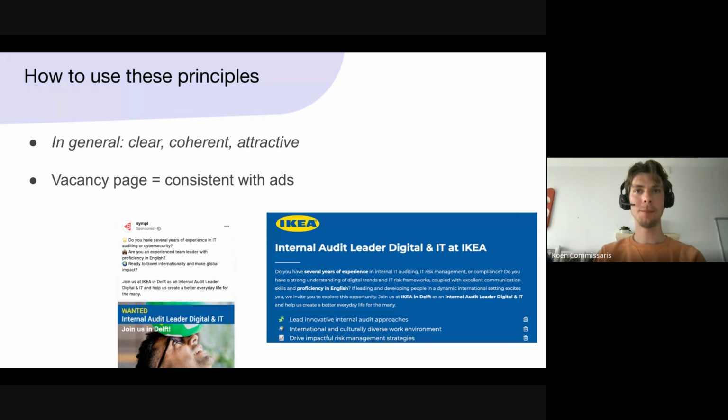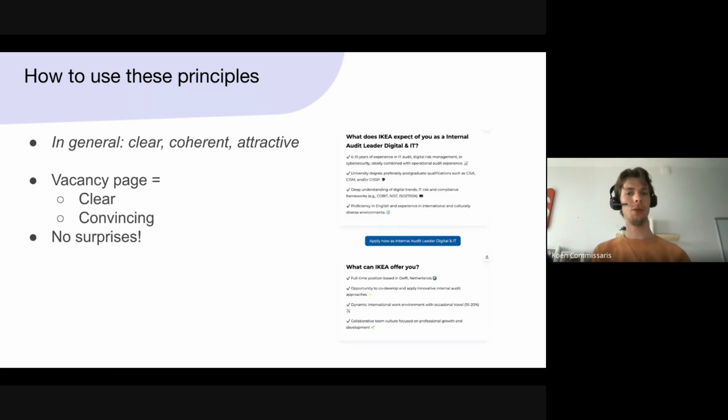Okay, and then the third thing that I want to discuss is that the vacancy page should be very clear, and also it should be convincing. So what I highlighted here were the parts on what IKEA expects, but also what IKEA can offer you. And of course, you want the right people to apply.